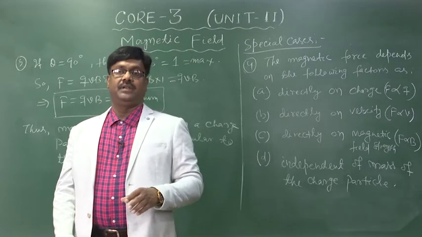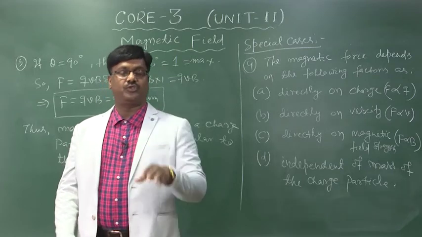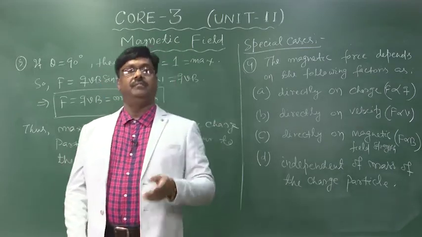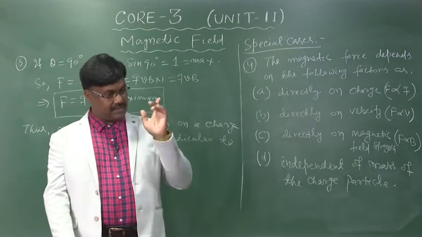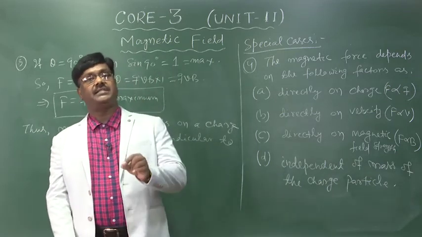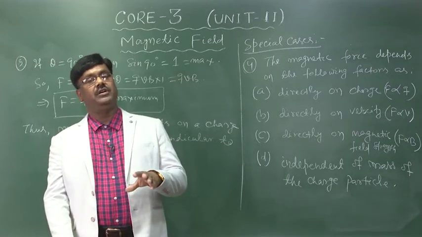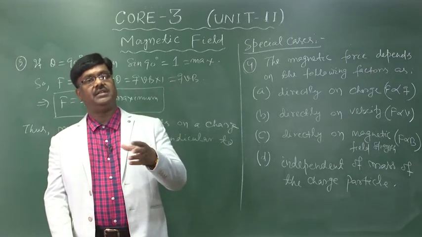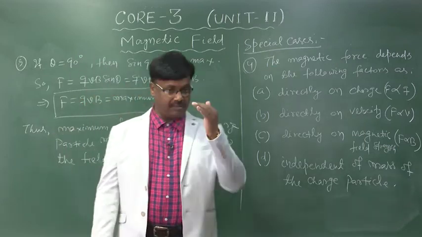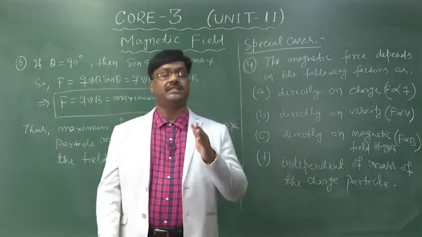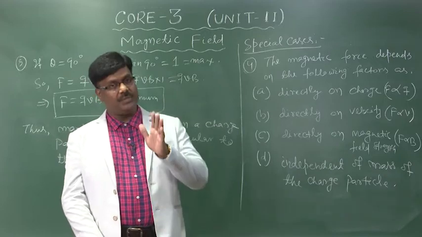because both the particles, proton and electron, differ by mass only, and this magnetic force is mass independent. So if a proton and an electron move with the same velocity along the same direction, then the magnitude of force acting on both of these particles will be the same.